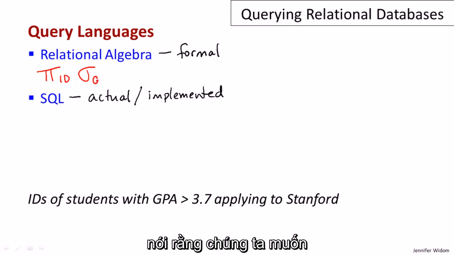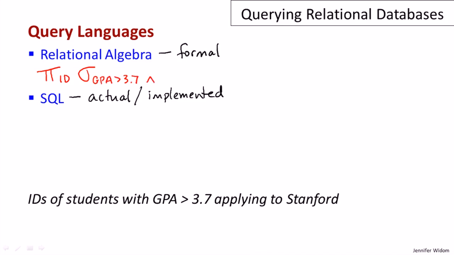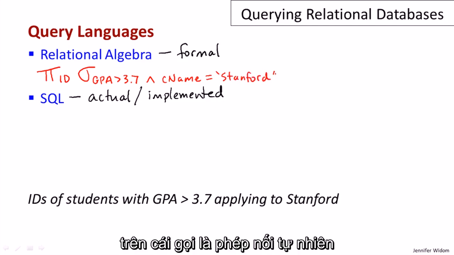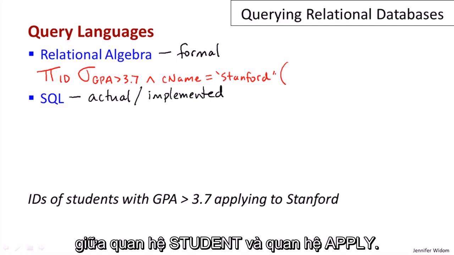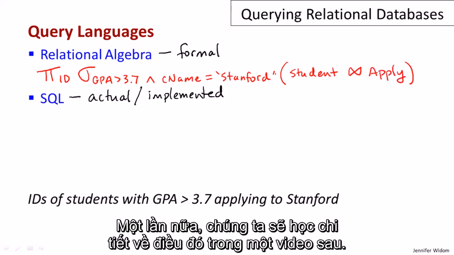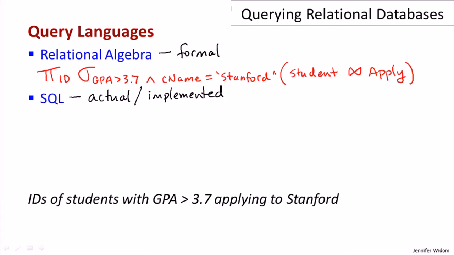The sigma says we want students whose GPA is greater than 3.7 and the college that the students have applied to is Stanford. And then that will operate on what's called the natural join of the student relation with the apply relation. Again, we'll learn the details of that in a later video.